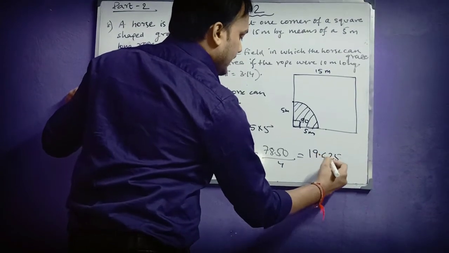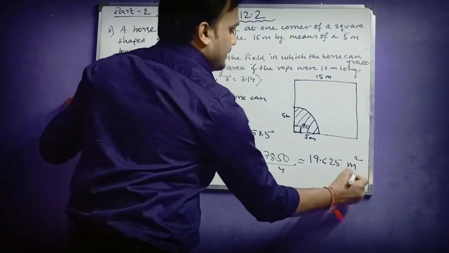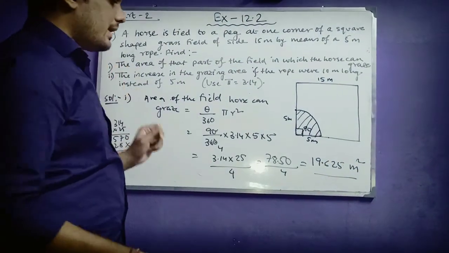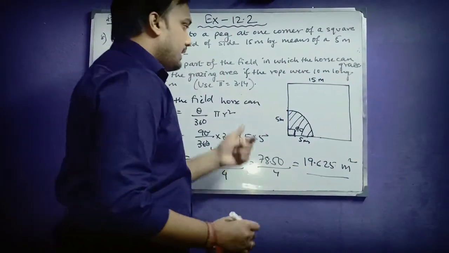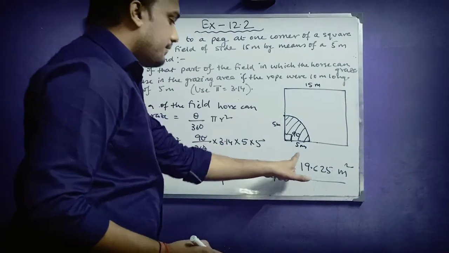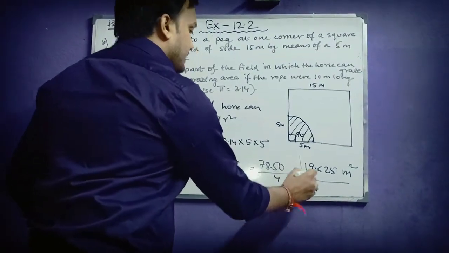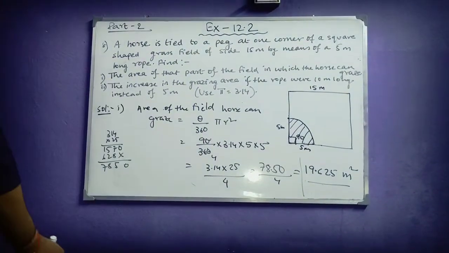That means 19.625 meter square will be the area of the field where the horse can graze. Now this is the area of the field where the horse can graze. This is our answer. Let us move on to our next point.